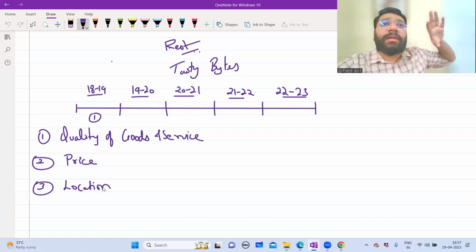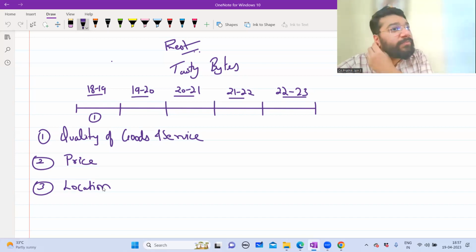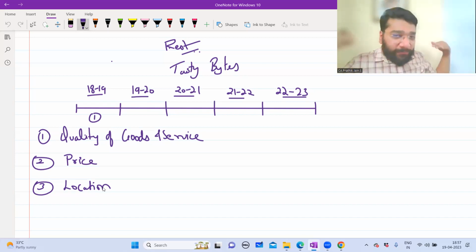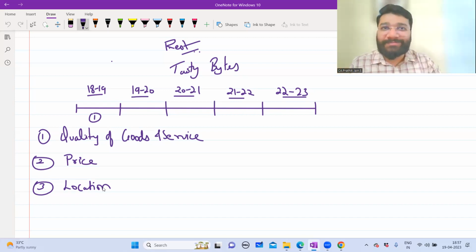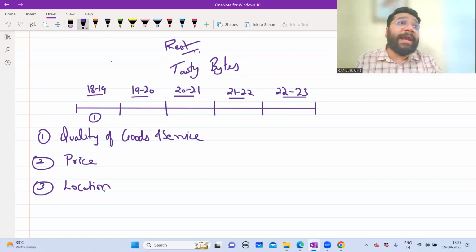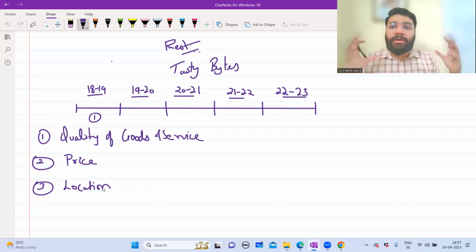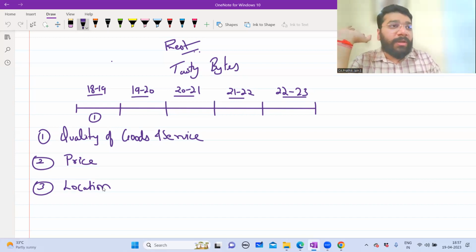Do you think that you'll have the floating population there? No. When I say floating population, it is not necessarily people will float and come. Floating is basically walk-in. So do you think there'll be too much of walk-in customers? No. On the other hand, even if you place a small shop in and around a place where too much of the public is floating. For example, here in RS Puram, in Coimbatore, if you have a shop near a mall, or if you have a shop near Gandhipuram, 100 feet road.